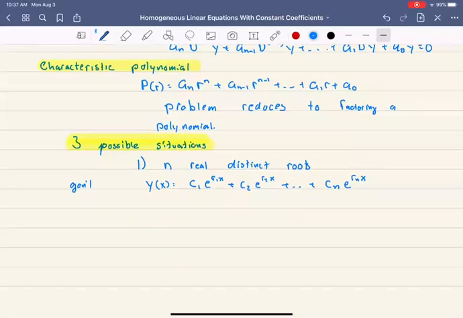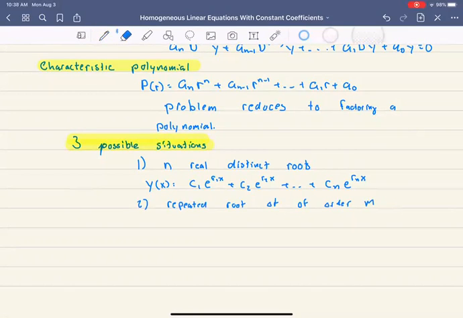The second thing that could happen: maybe we have a repeated root, a root of order m, where m would be less than or equal to n.